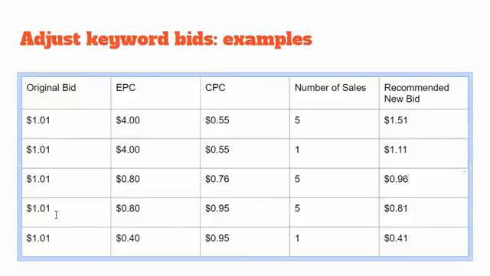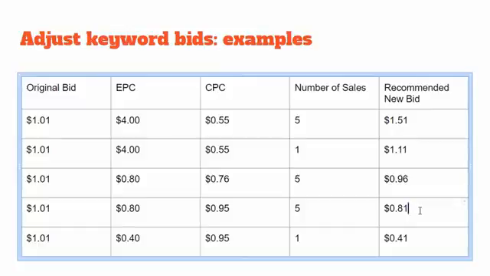Now let's look at the fourth example. The original bid is $1.01, the EPC is 80 cents, the CPC is 95 cents, and we've made 5 sales from this keyword. In this case, obviously, we're losing money, and we need to decrease the bid. How much?